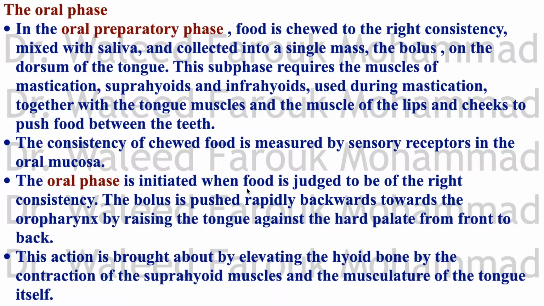So the front of the tongue must be pushed against the palate, and the back of the tongue, as we will see now, will depress to allow the bolus of food to pass through the chute, the pharynx.